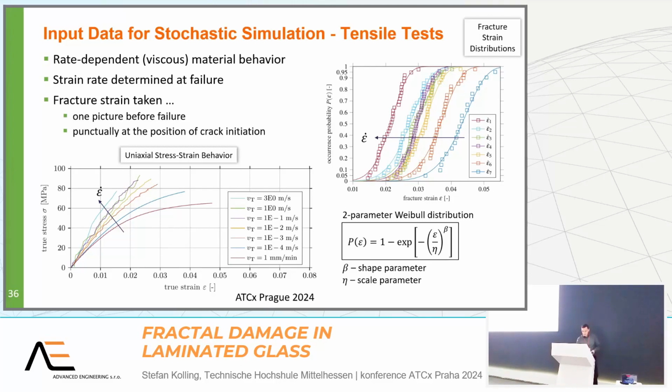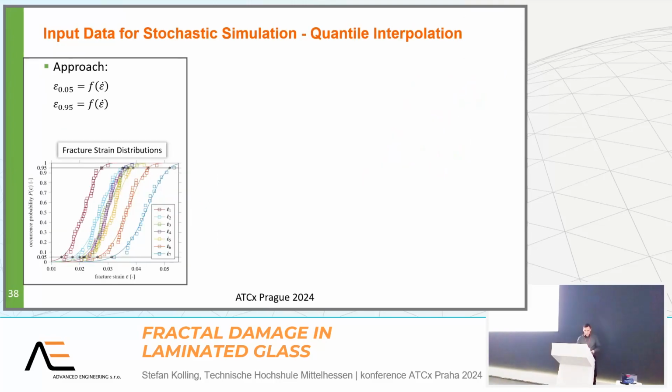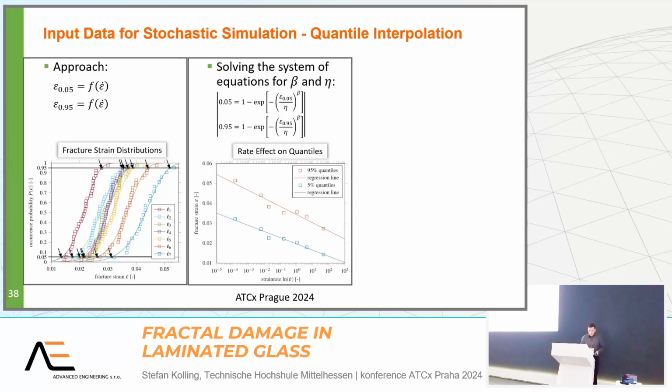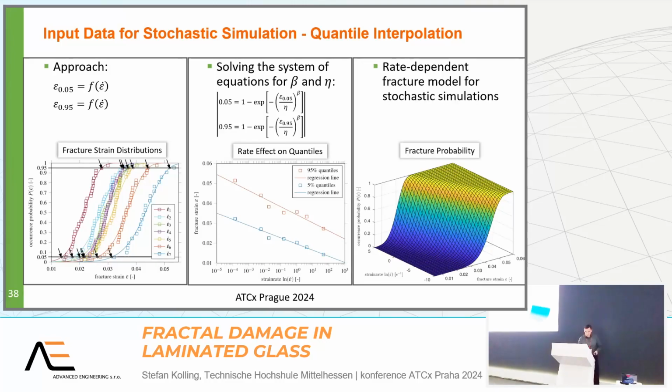This gives a better idea of what happens. So finally, we use the 5 and 95% limit here, solving the system of equations for beta and eta, and it can be seen here in this one, or in a 3D plot with strain and strain rate, the probability.